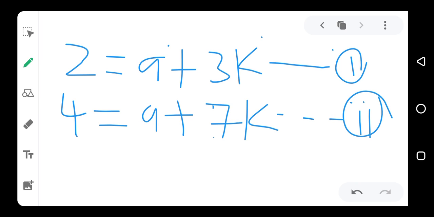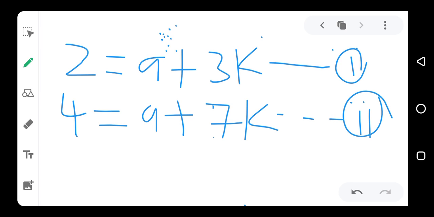There are two ways to solve simultaneous equation: substitution method and elimination method. In substitution method, you take one of the equations and make one of the unknowns the subject of the formula. You can take this equation 1 and make a the subject of the formula, which you have learned how to do. Then we put its value in the second equation and solve. Or we can use elimination method.